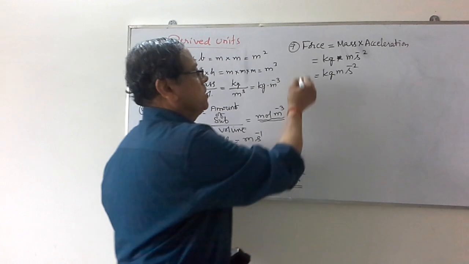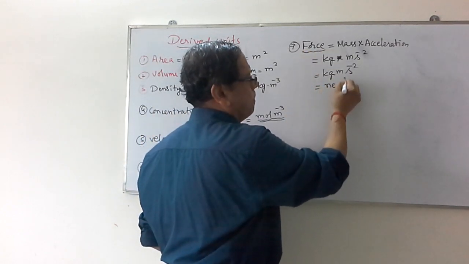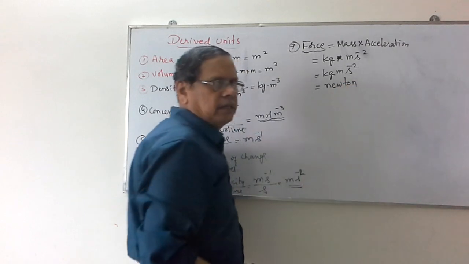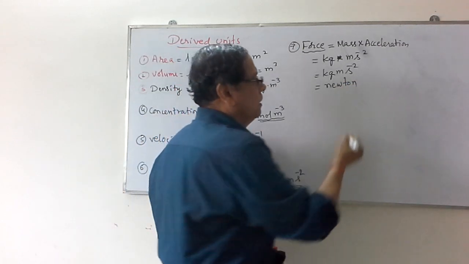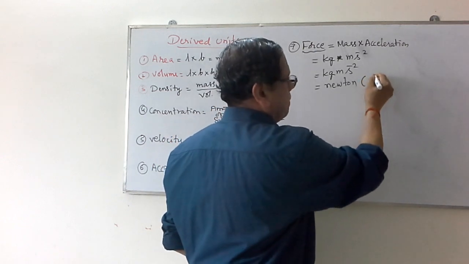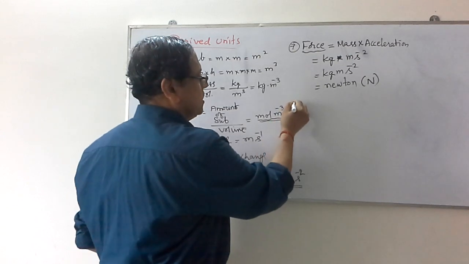But this force is also expressed in terms of another unit, that is called the newton. It is the name of the scientist. That's why we write it with a small letter, newton. But the symbol for this one is capital N.